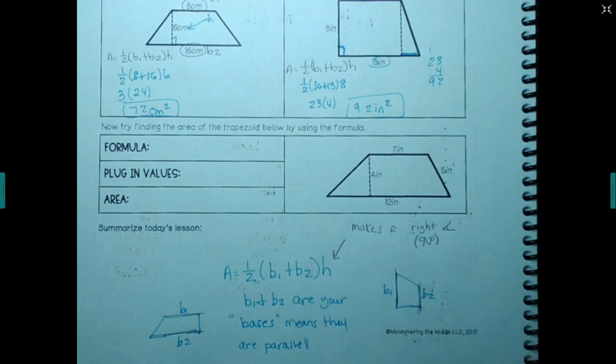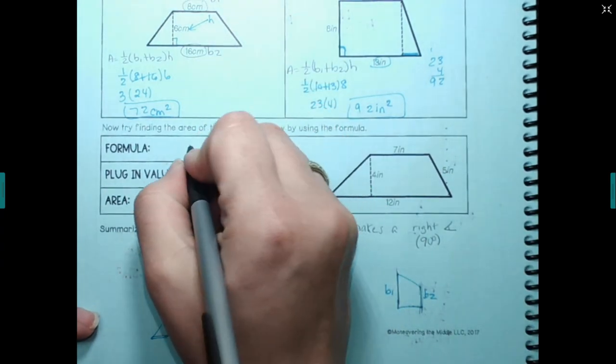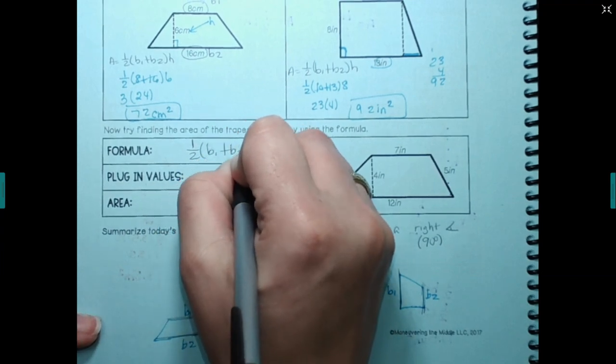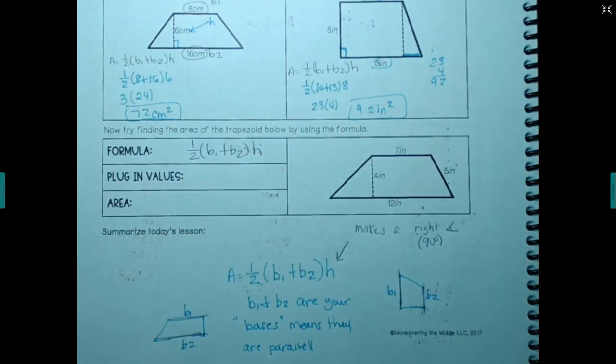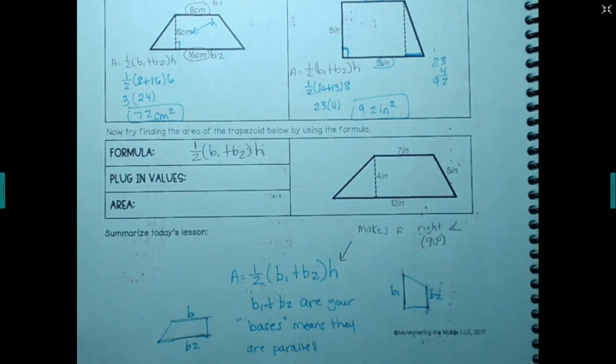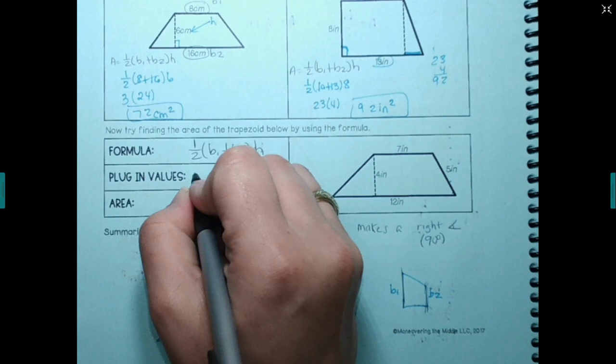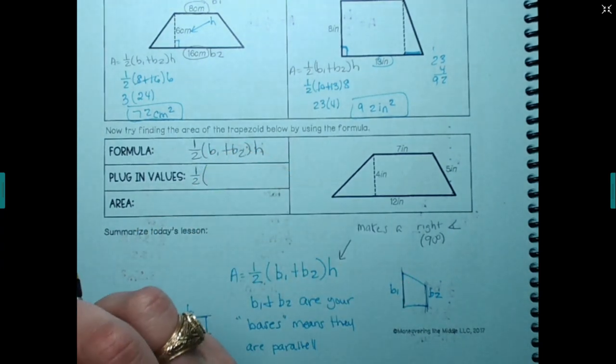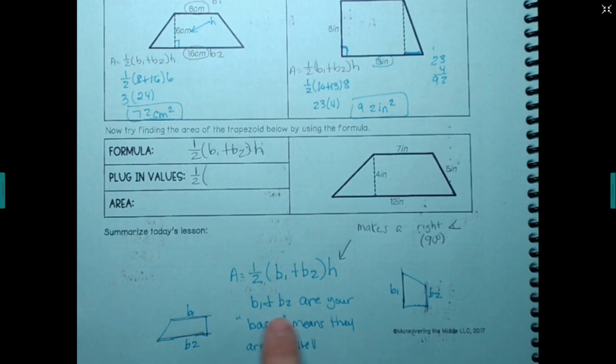All right. My formula: 1/2 parentheses B1 plus B2 H. Super important to label each part. Now they're going to try to trick us and throw in an extra number. 1/2 parentheses. I have to figure out my bases. Remember, down here I said my bases are parallel.